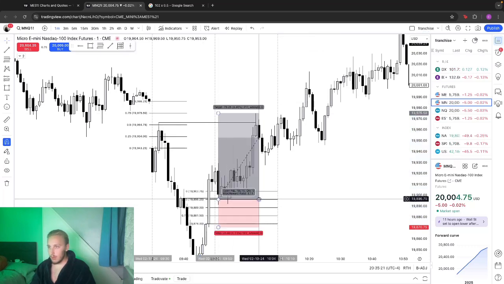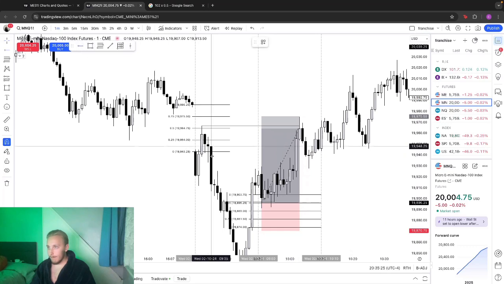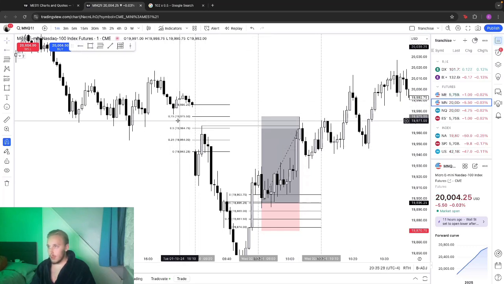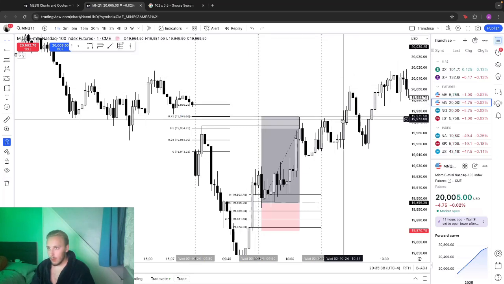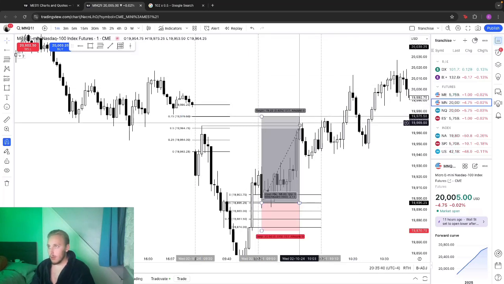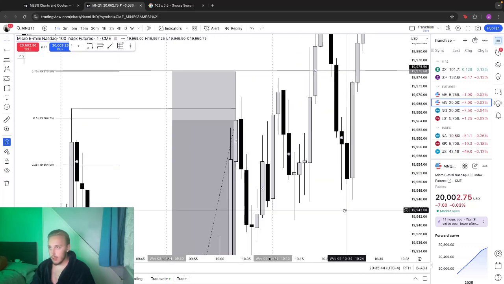Now, don't know if that touches, but that looks very, very close. 975.50. And what is the high? No, so by a quarter tick, it doesn't touch.